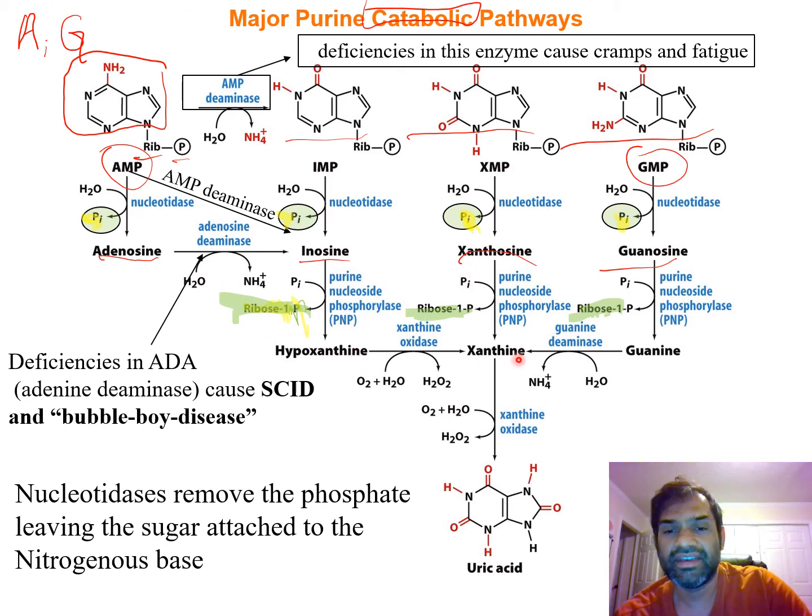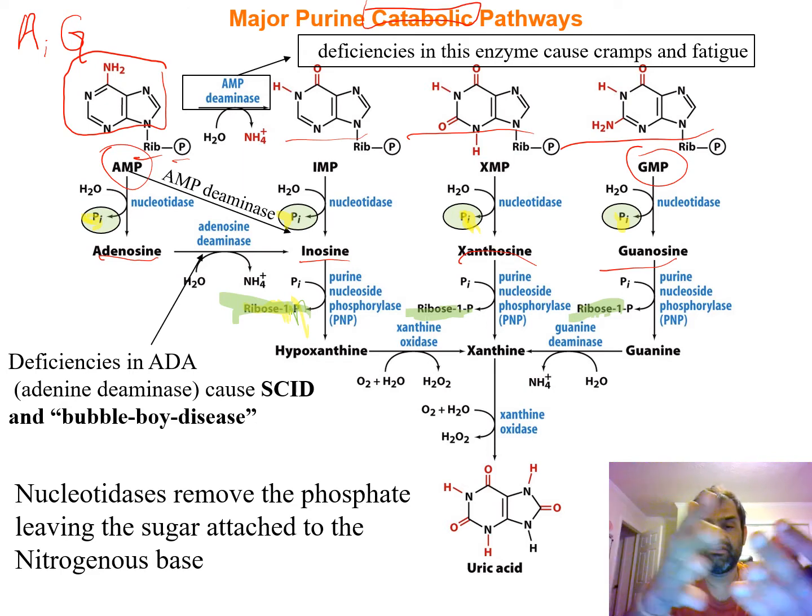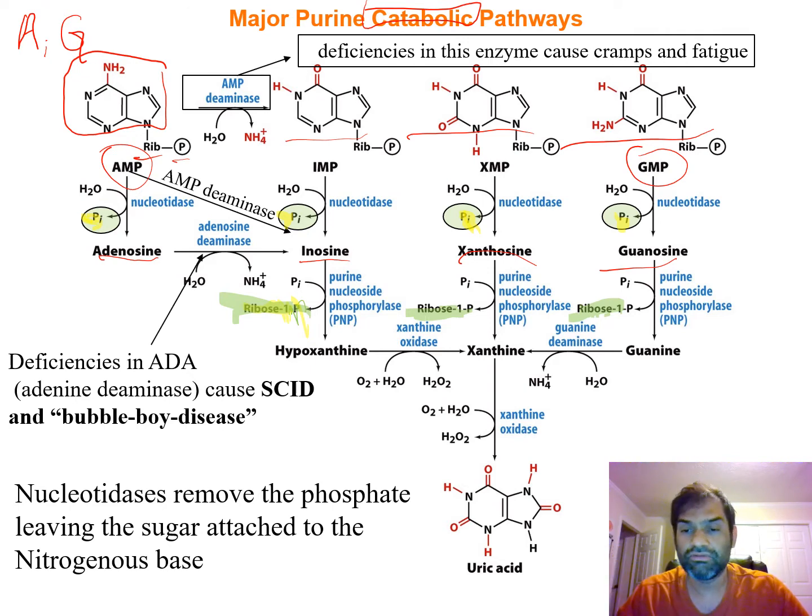For xanthosine, the nitrogenous base is xanthine. And for guanosine, the nitrogenous base is guanine. So we certainly have a three-step pathway here. We remove the phosphate, and then we remove the ribose sugar. Now the nitrogenous base then gets further metabolized.